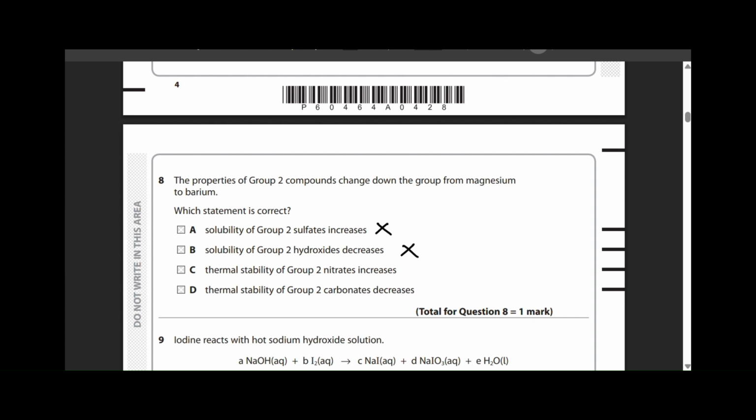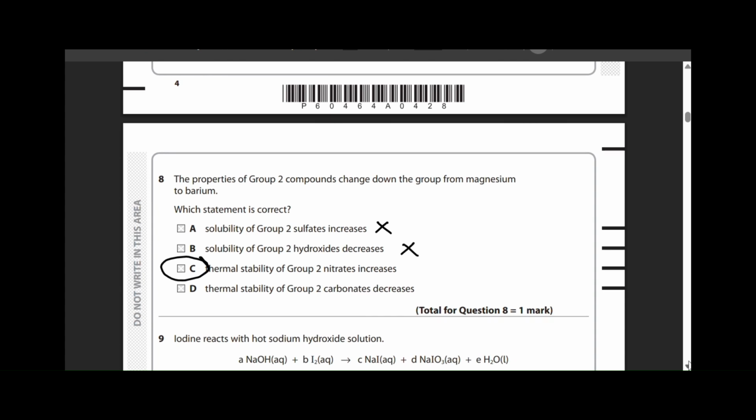So this is also a wrong option. The thermal stability of group 2 nitrates increases. As you go down the group, the size of the atom will increase. As a result, the ability of the cation to polarize the anion will decrease, so that there will be a strong ionic bond. As a result, they will become more thermally stable. So the correct option is thermal stability of group 2 nitrates increases down the group.